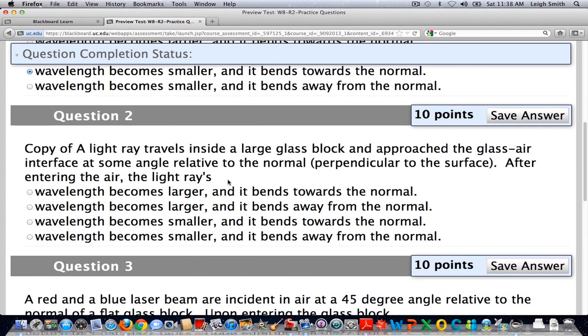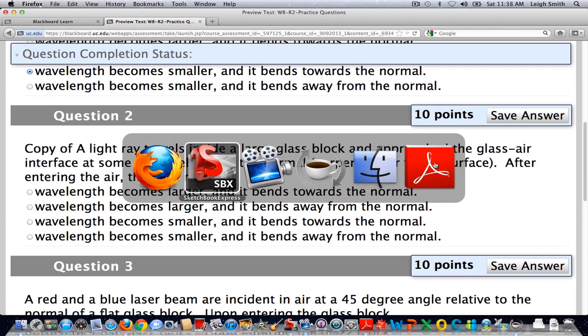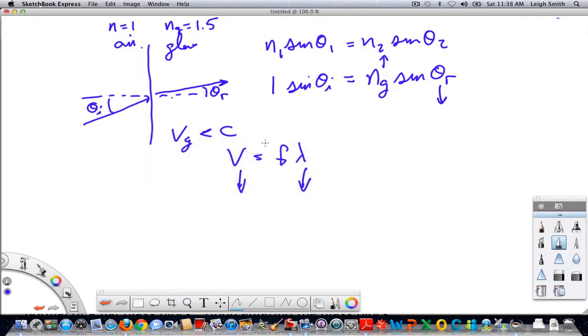Now, of course, the other case where you are incident from the glass block and go into the air, the reverse happens. So in this case, let's invert it.